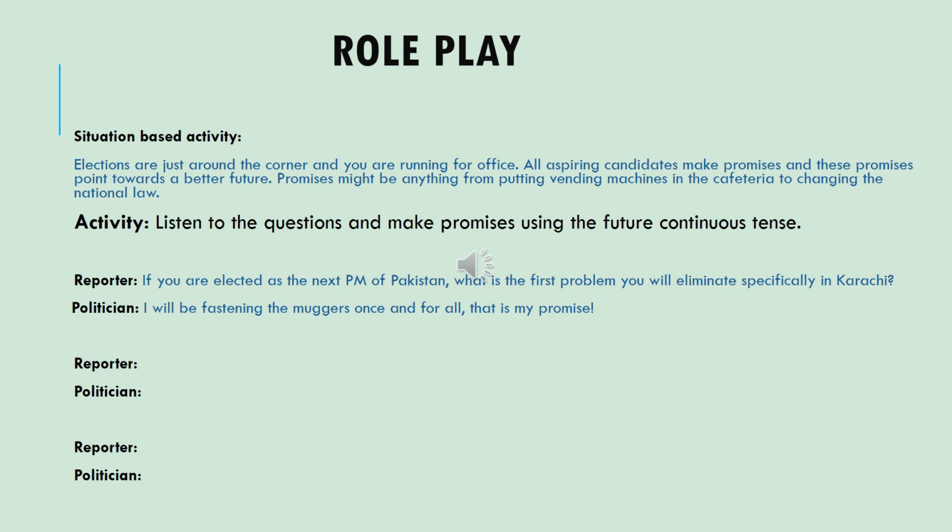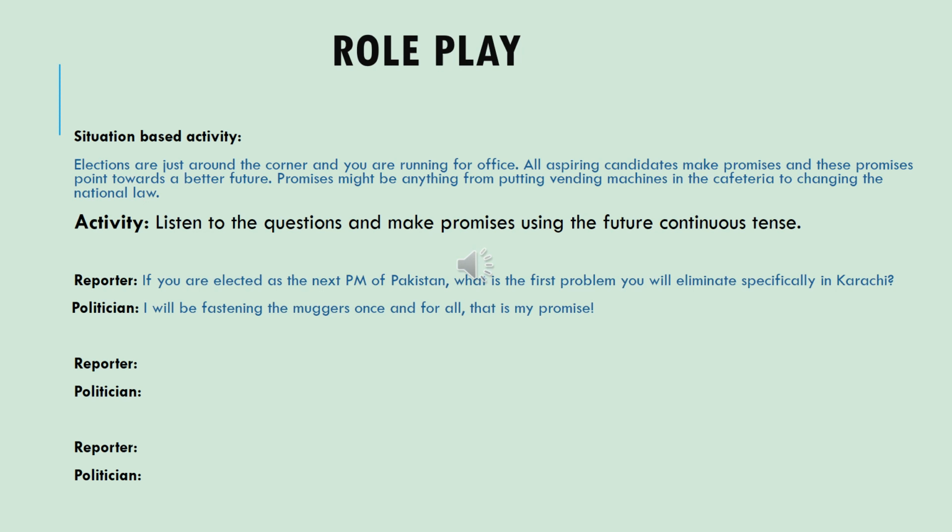So this is a specific situation that is given to the learners. All aspiring candidates make promises. So we're targeting the future continuous tense here, and we're talking about promises. You can also create activities targeting other situations, like professions or predictions, or excuses.